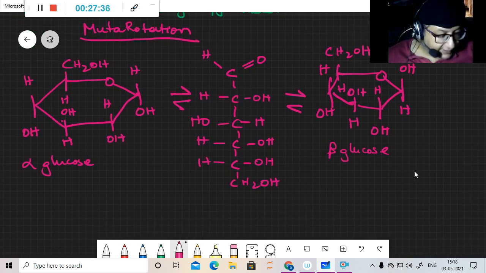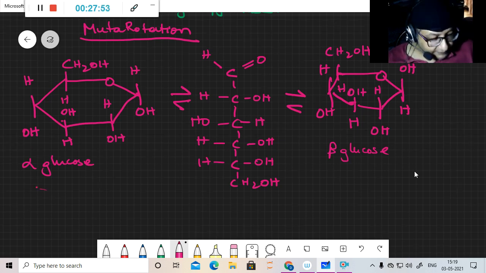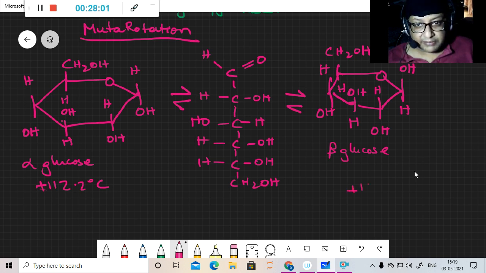And if you see the optical rotation values, if you pass plane polarized light through this, a rotation happens. The optical rotation of alpha glucose is plus 112.2 degrees, and for beta glucose it is plus 18.7.